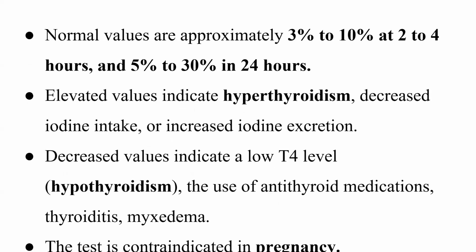Normal values are approximately 3% to 10% at 2 to 4 hours and 5% to 30% at 24 hours. Elevated values indicate hyperthyroidism, decreased iodine intake, or increased iodine secretion. A decreased value is less than 3% if done within 2 to 4 hours, or less than 5% if done within 24 hours.